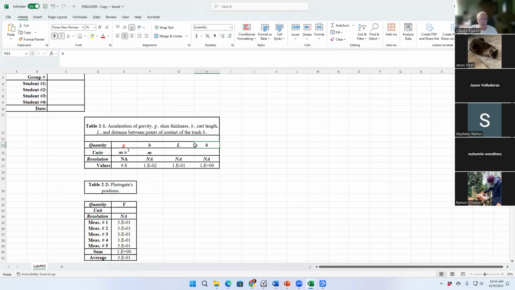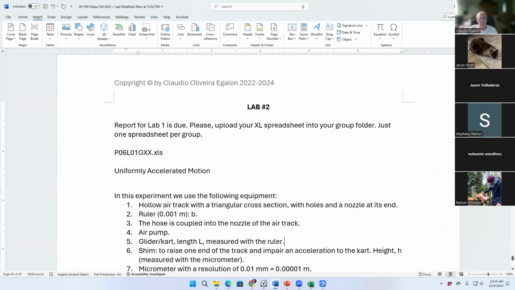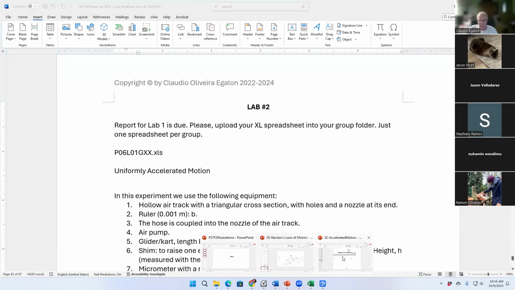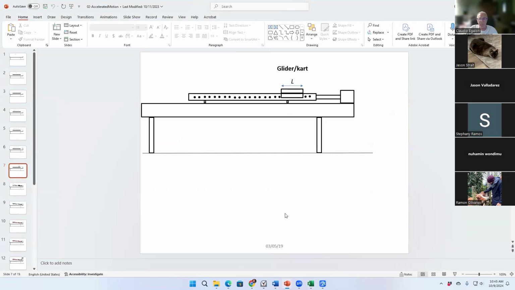Here you go. Here's the distance between the legs of the air track, and L is the length of the glider. It's approximately 12 centimeters long, 13 centimeters long. Can you picture that? You know, make-believe experiment, right? Length of the cart.